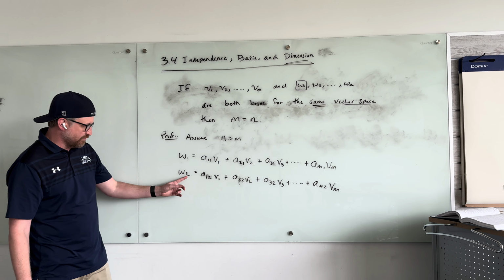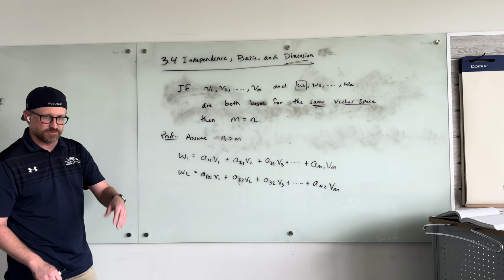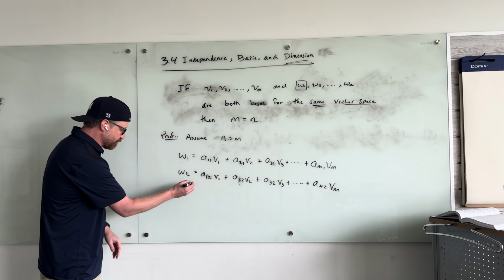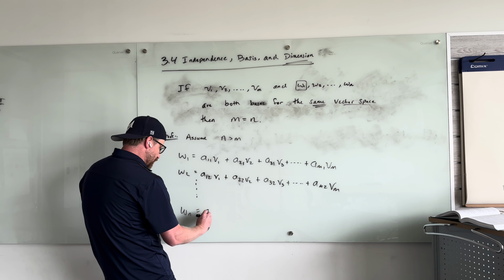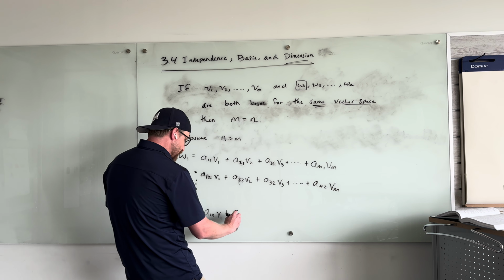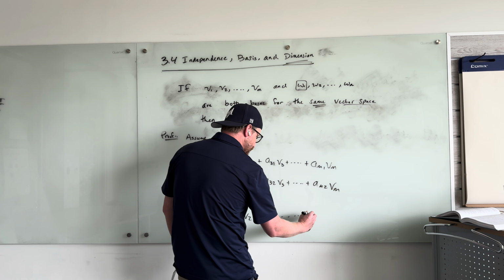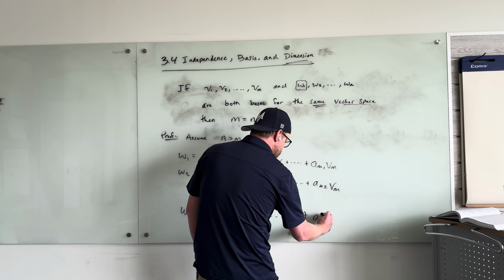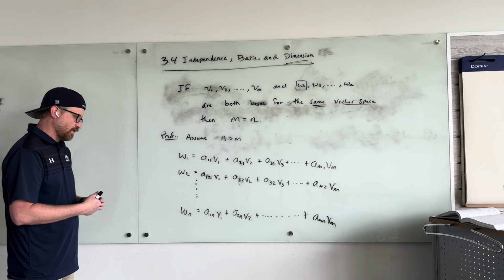Notice how this coincides with the second component, essentially the columns. If we continue this process all the way to WN, we would create A1N V1 plus A2N V2 plus, all the way down to the end, AMN VM.